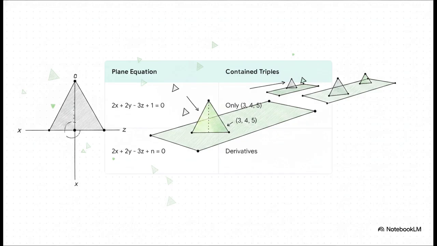Check out this plane equation: 2x plus 2y minus 3z plus 1 equals 0. If you mathematically scan this entire infinite plane, guess what? It contains exactly one primitive Pythagorean triple. Just one. And it's our root node, 3, 4, 5. This really highlights how the branching of these triangles represents a highly specific, mathematically constrained spatial asymmetry.